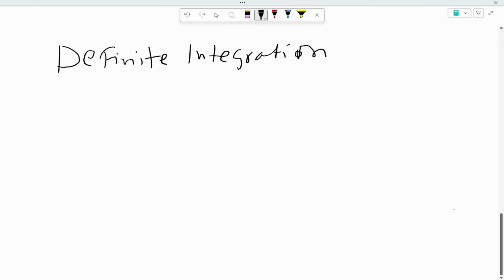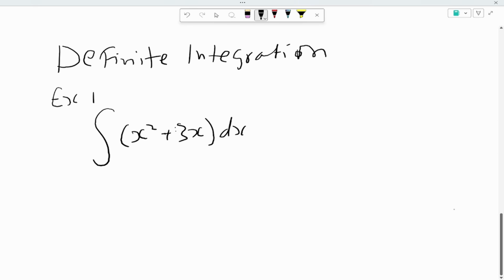Now, if you are given a function like this, and for instance, we can call this example one for definite integral: x squared plus 3x dx.